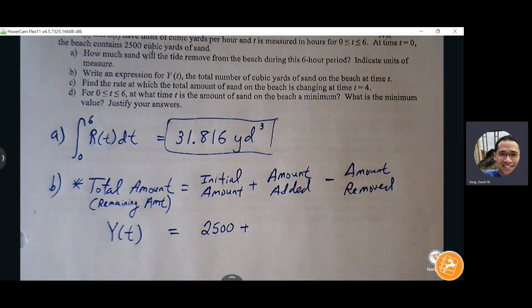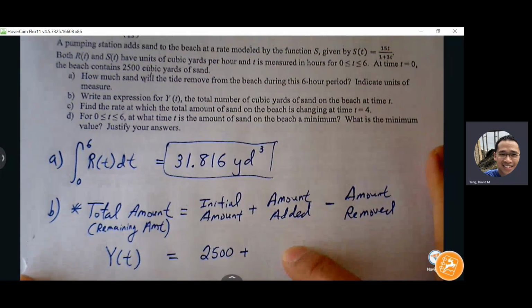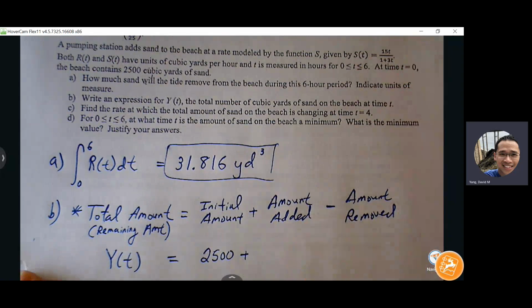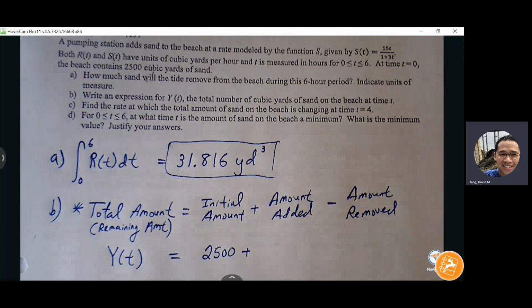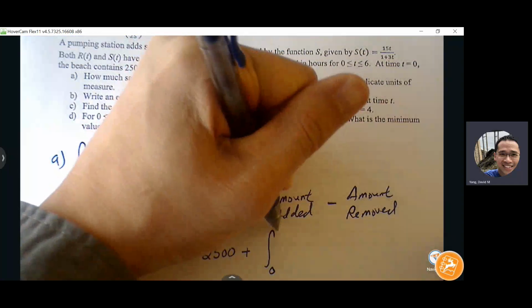Plus the amount added. The amount added is going to be related to which function? S of t, but S of t is a rate, so I have to take the what to get it to an amount? Antiderivative. Okay, so antiderivative from 0 to some t value, right?